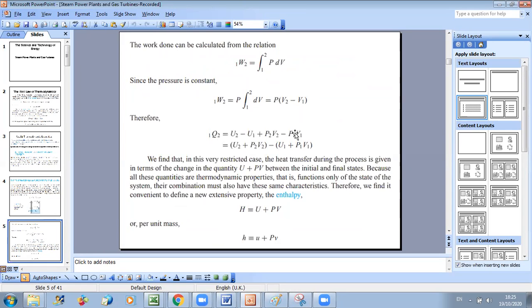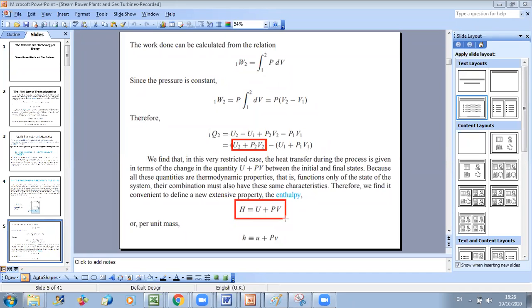And now what we observe is that we can take the terms of state 2 together. We have a new term, U plus PV, because we found that the heat is equal to the variation of this property for my system: U2 plus P2 V2 minus U1 plus P1 V1. From here, it will be of interest to define a new property for a system, which is called the enthalpy, defined as the internal energy plus PV.